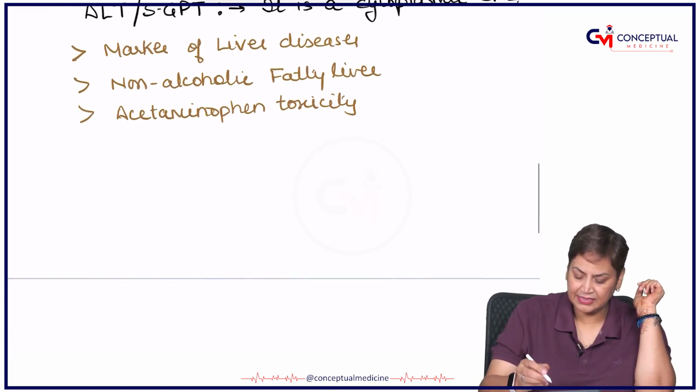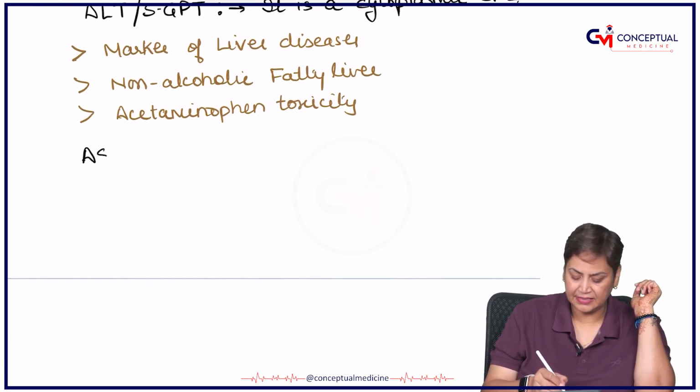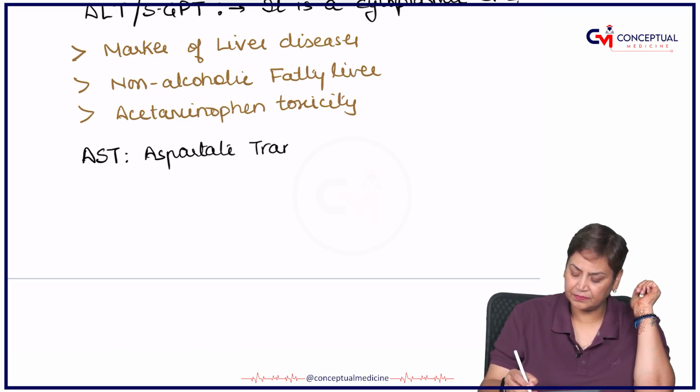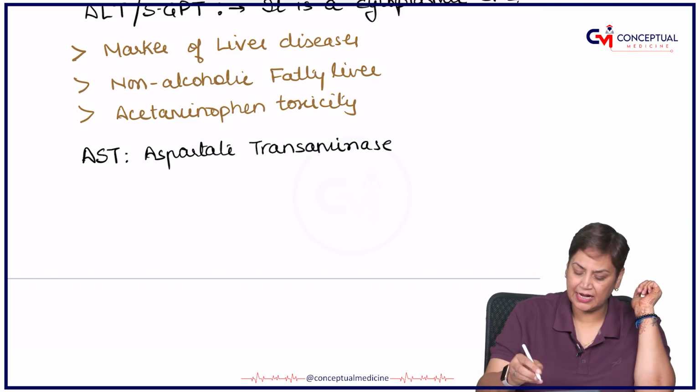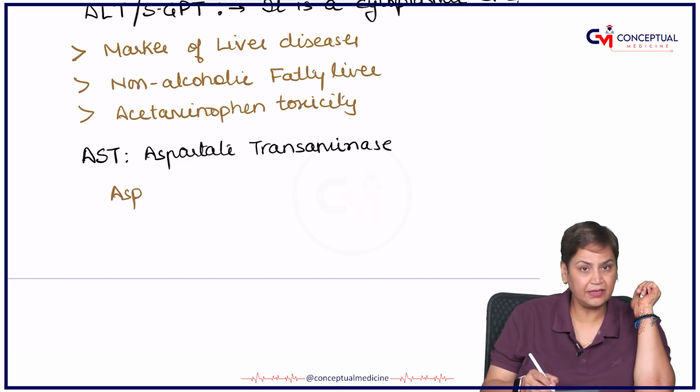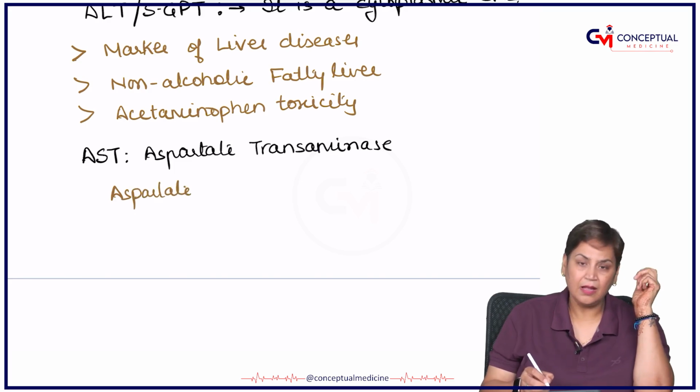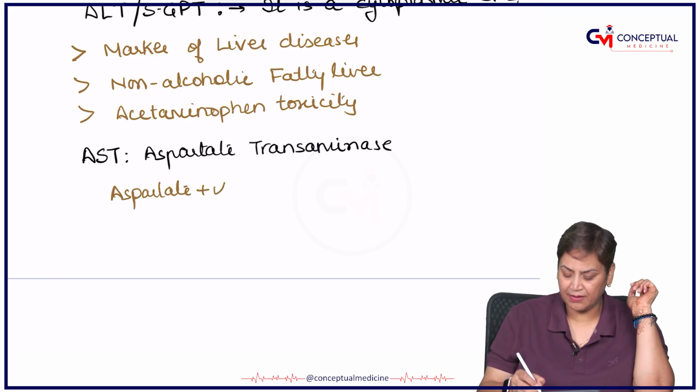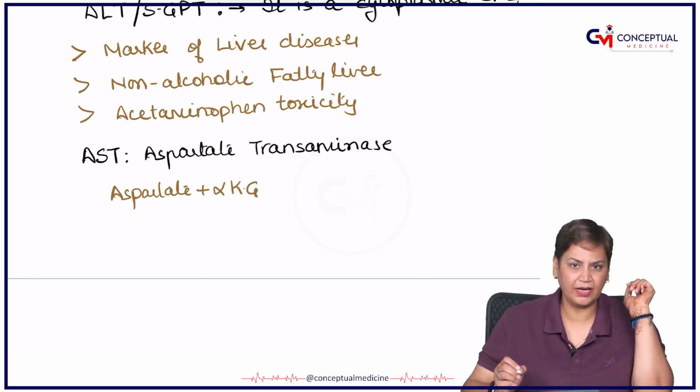The second enzyme is AST. This AST stands for aspartate transaminase. And if we see the reaction catalyzed by this, aspartate is the amino acid. The keto acid will remain the same. It is alpha-ketoglutarate.